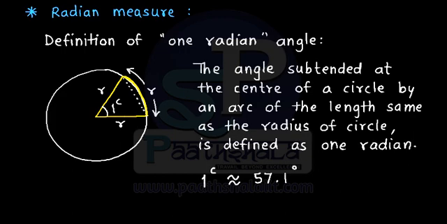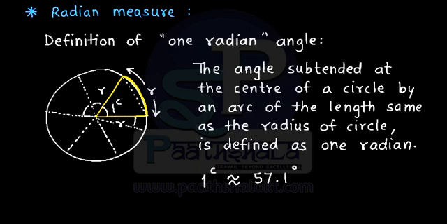That is just an approximate value, so that we get an idea of how big the angle of 1 radian is. So if we consider calculating the number of radians that are required to cover one full circle, here we have first radian, second radian, third radian, then fourth radian, fifth radian, and sixth radian full.